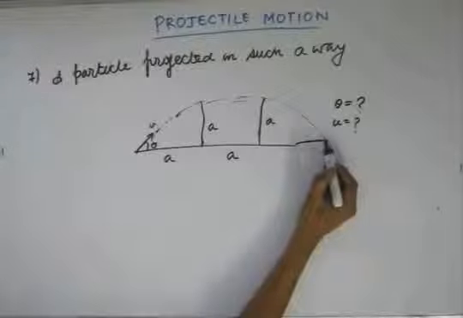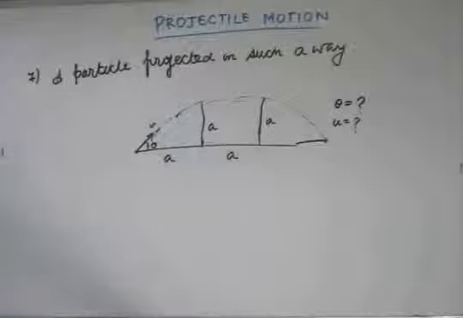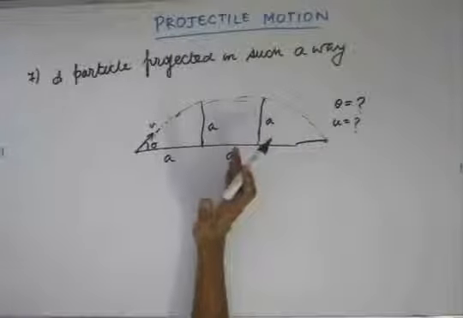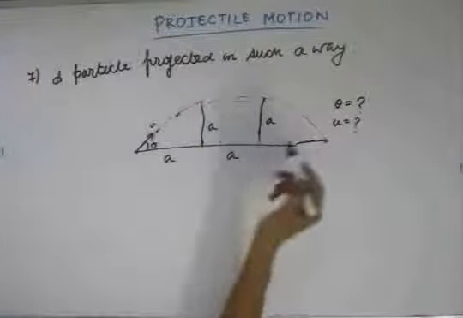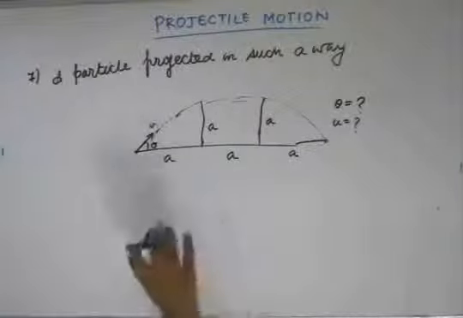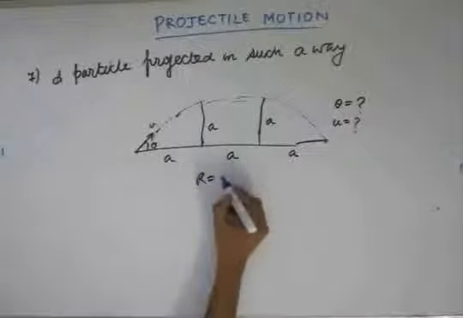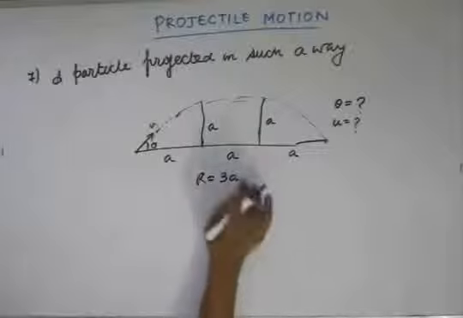If the particle was projected from this side, then again it would have followed the same path, right? And so because of symmetry, if this distance is a, this distance should also be a, right? So the first step to solve this problem is, I get that the range of the particle is 3a, right?